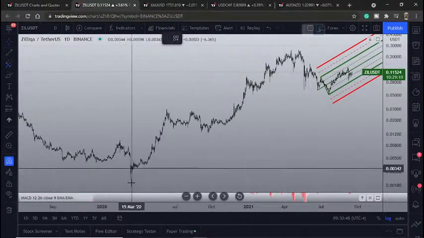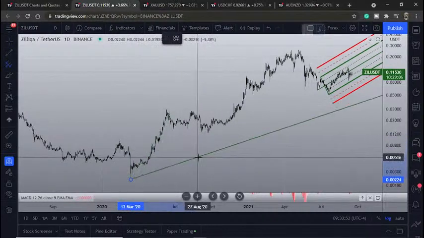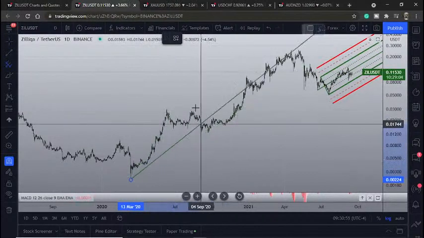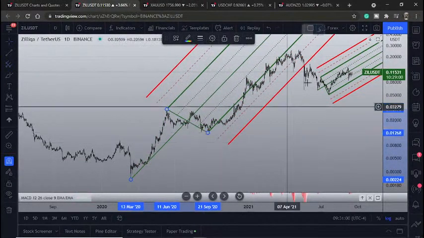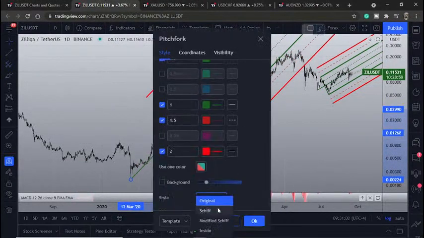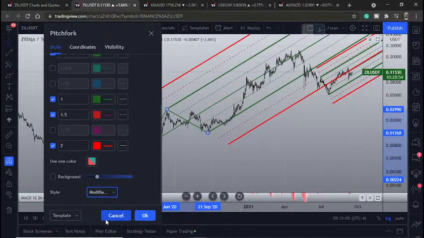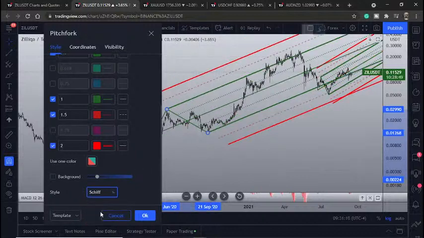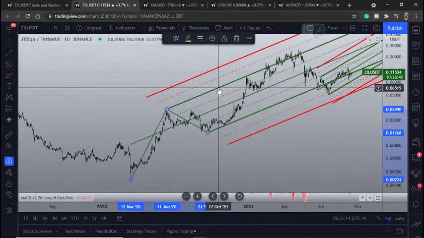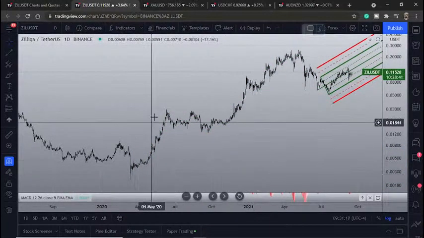Let's have a look. Modified and shift. Yeah, you know, Ian, I think you've done a really good job there to count what this is.